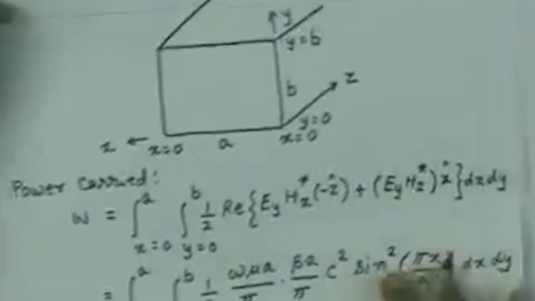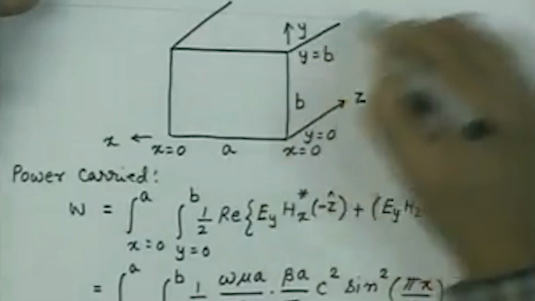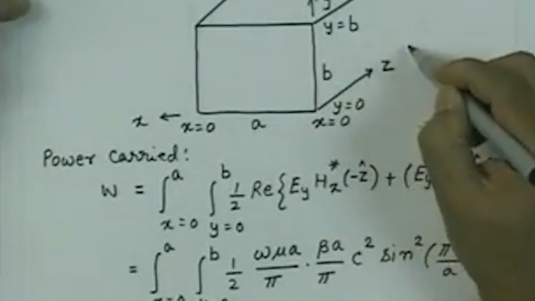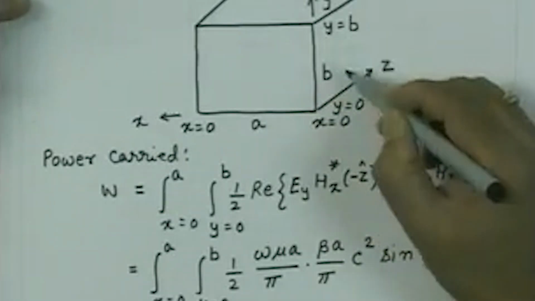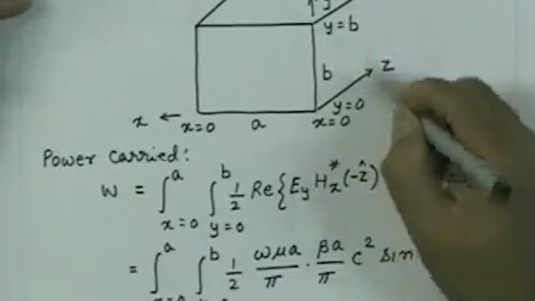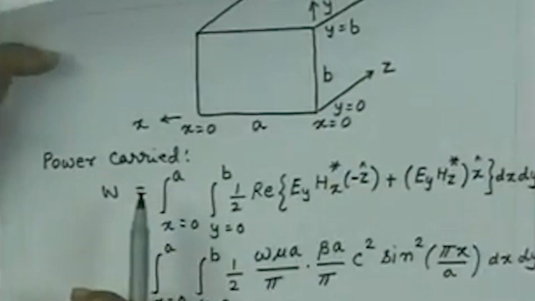So, if I calculate now the loss in these walls, these two walls, per unit length of this waveguide, it is the integral of half Rs into |J|^2 on these walls, and since there are two walls, it will be double of that.